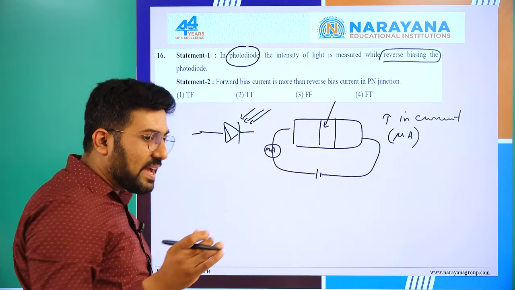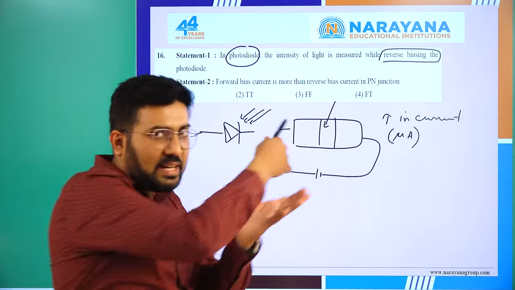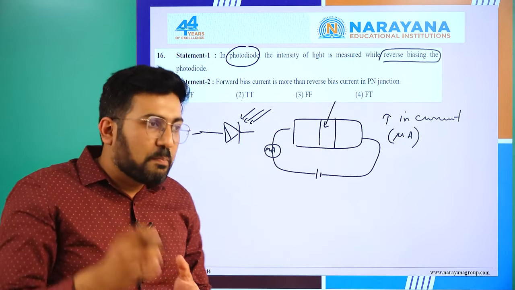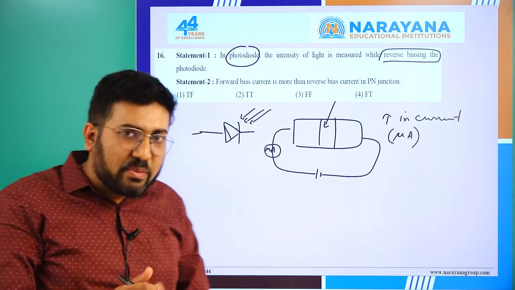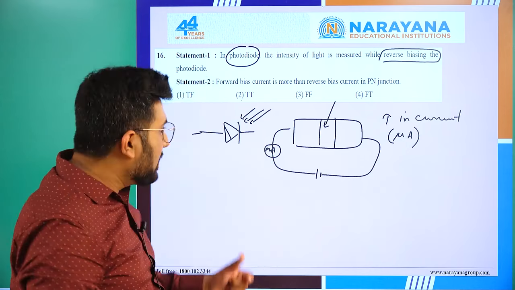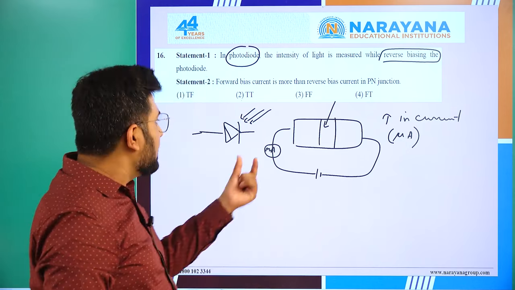So due to this falling light, the current will change, but this milliammeter may not be able to detect that change, because a milliammeter measures current in the range of milliamperes, and this current increase is only in microamperes. So that is why we do not use forward bias, because in forward bias the current already will be very high, and a small change in current will not or may not be detected properly.